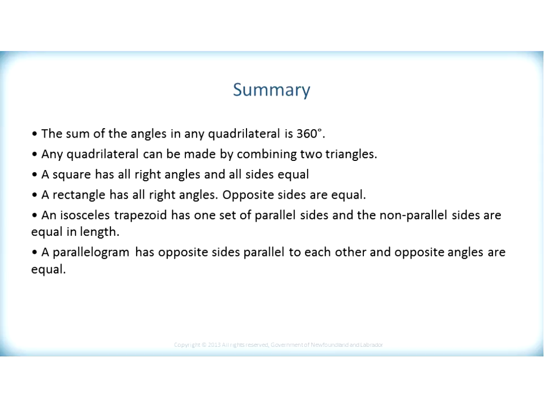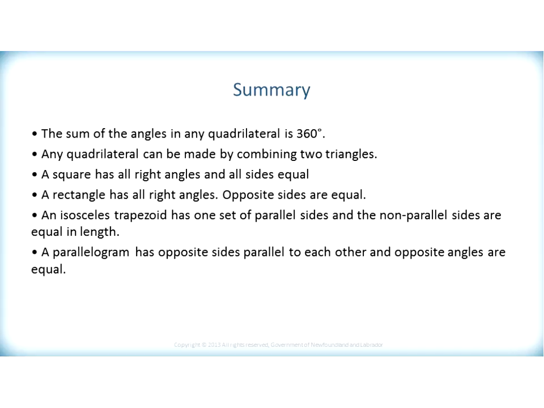So to quickly summarize, the sum of the angles in any quadrilateral is 360 degrees. Any quadrilateral can be made by combining two triangles. A square has all right angles, 90-degree angles, and all of its sides are equal. A rectangle does also have all right angles, so all the angles are equal, they're all 90 degrees, and opposite sides are equal.